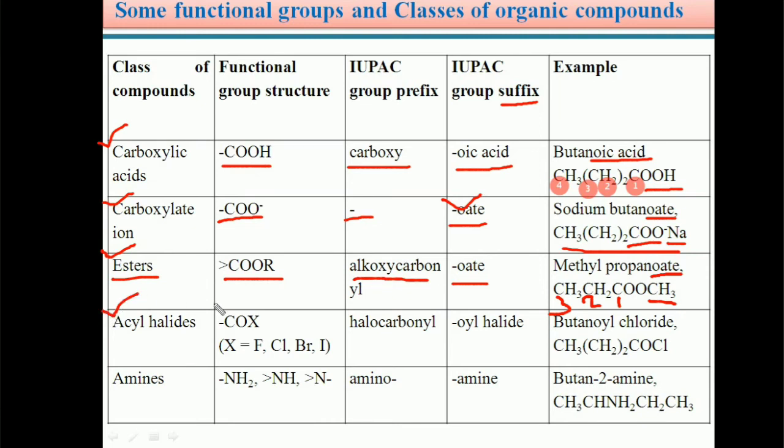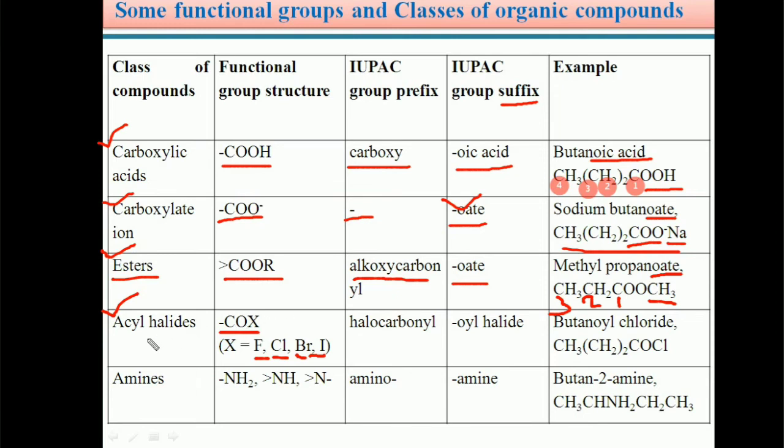Next class of compound is acyl halides. The functional group structure is COX, where X means any halogen: fluorine, chlorine, bromine, or iodine. If COF, acid fluoride. If COCl, acid chloride. If COBr, acid bromide. If COI, acid iodide.